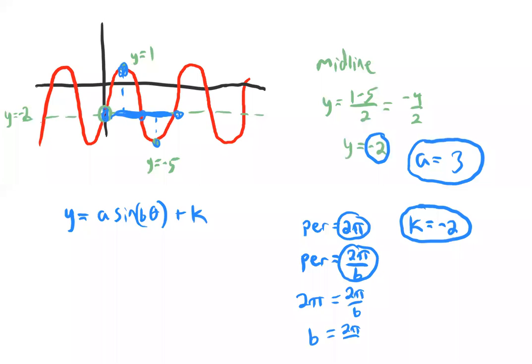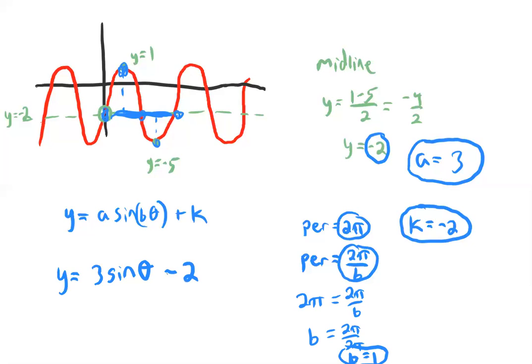So 2 pi divided by 2 pi is just 1. So now I have everything I need. I have b, I have k, and I have a. So my final answer is y equals 3 is my A, sine of B equals 1. So 1 times theta is just theta. And then our K is -2.